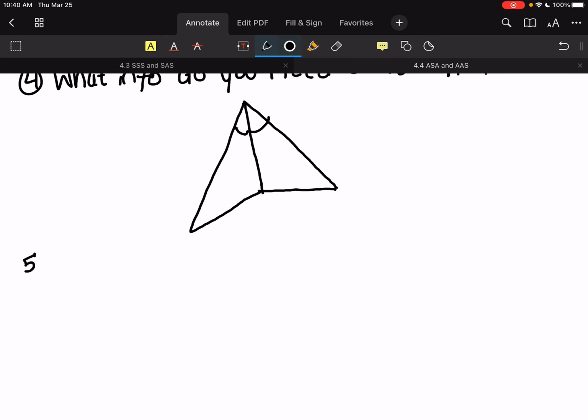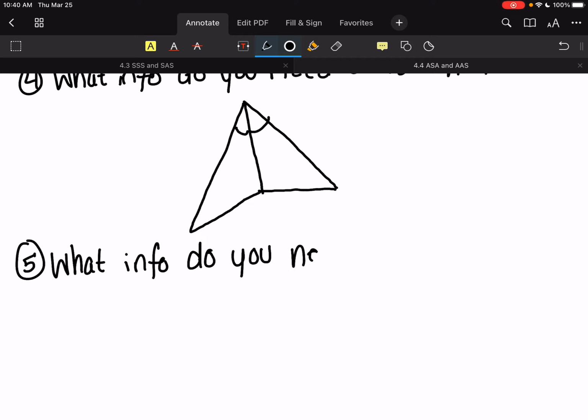Number 5, what information do you need to use angle, angle, side?